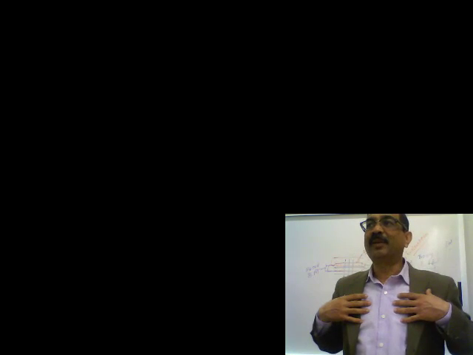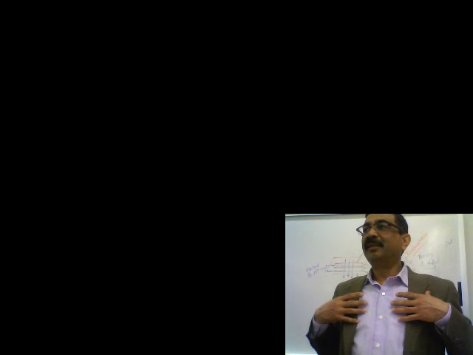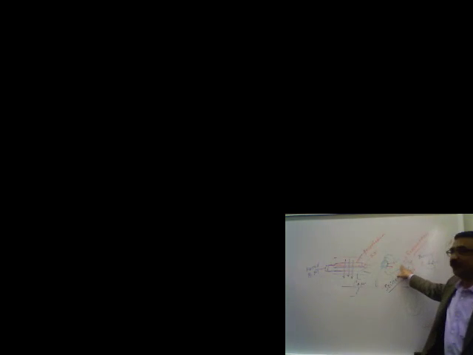What should happen to bring it back to normal? Just think and tell me. It's an easy question. Your body got more hydrogen ion, right? So should hydrogen ion stay in the body or get out from the body? Get out, right? So which one will help you get out? Secretion or reabsorption?